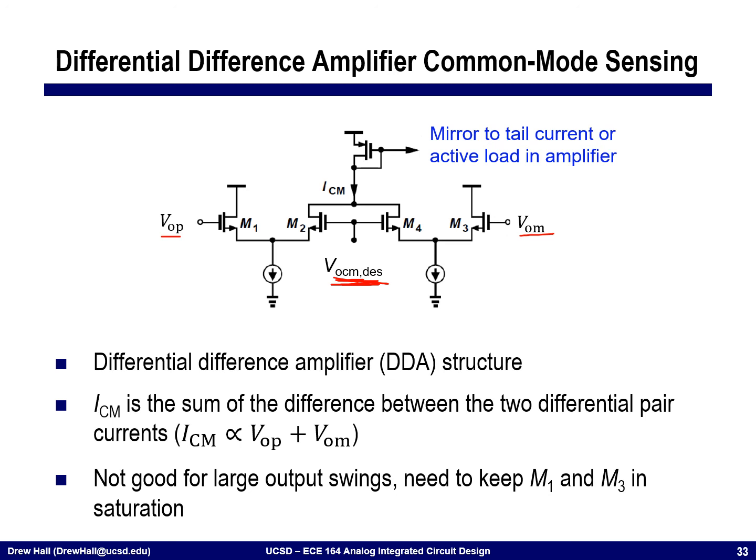Okay? And if I have a fixed tail current on both sides of this, what's happening is that we're getting current steering at this node depending on how this relates to VOP and VOM. And so you can kind of think of this like 2 teeter-totters. Okay?